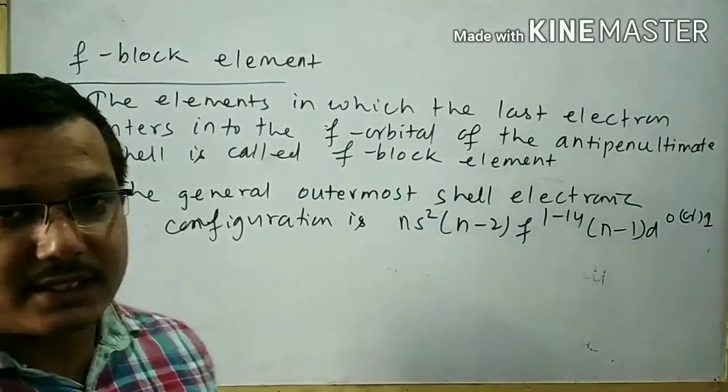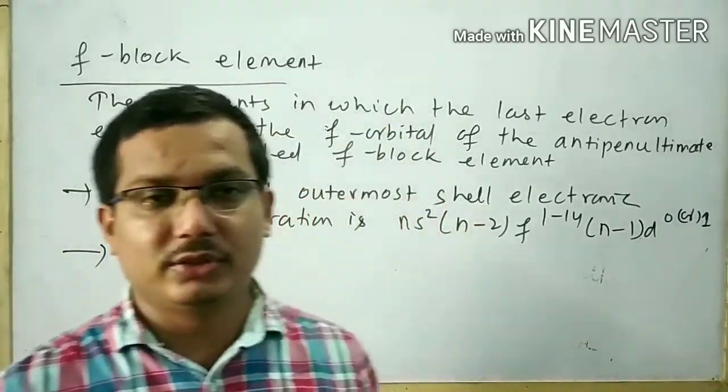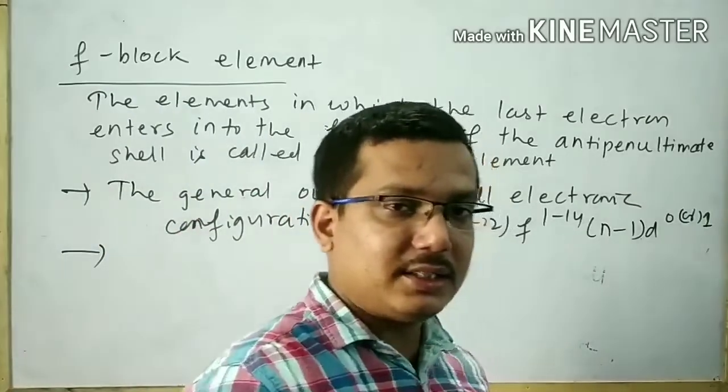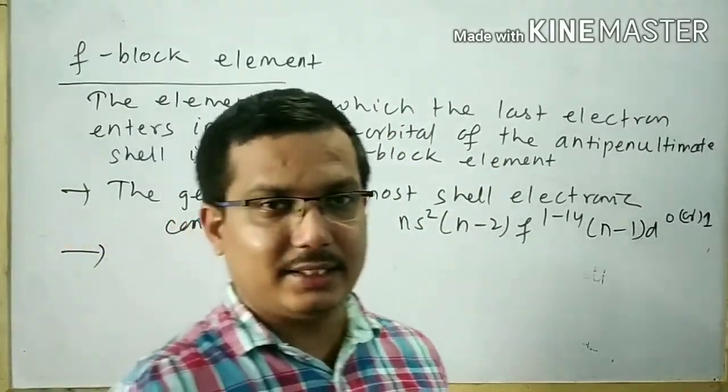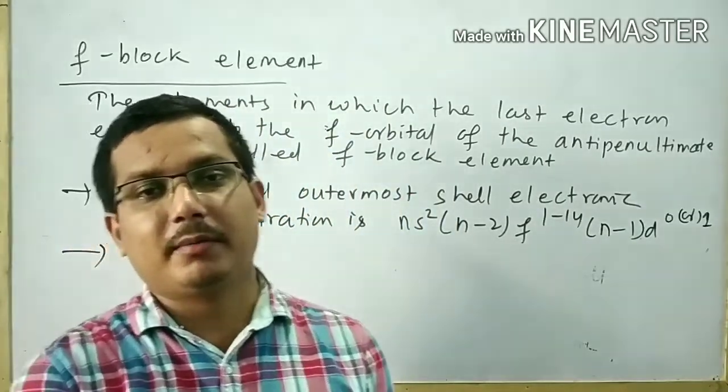The F block elements are classified into 2 parts. One is your lanthanide series, another is your actinide series. Each series contains 14 elements.